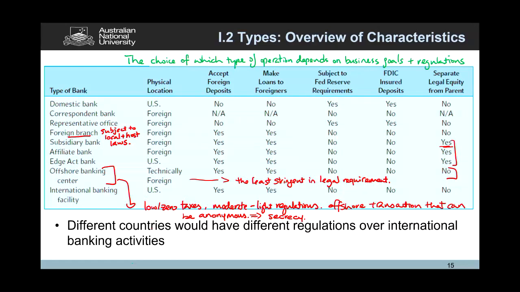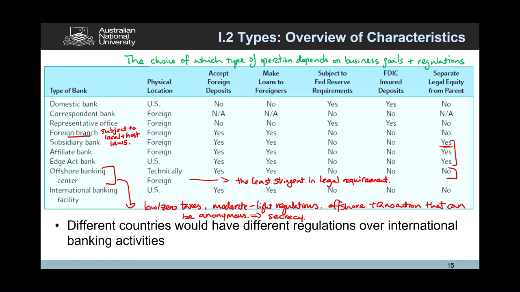So if an organization does not have to pay a fee to the FDIC or to any country's insurance agency, then their cost of funding goes down. And they have more funds to invest in profit-generating projects, right? So that's good for them. And so in this case, that's how a lot of these international foreign presence gets generated over time.